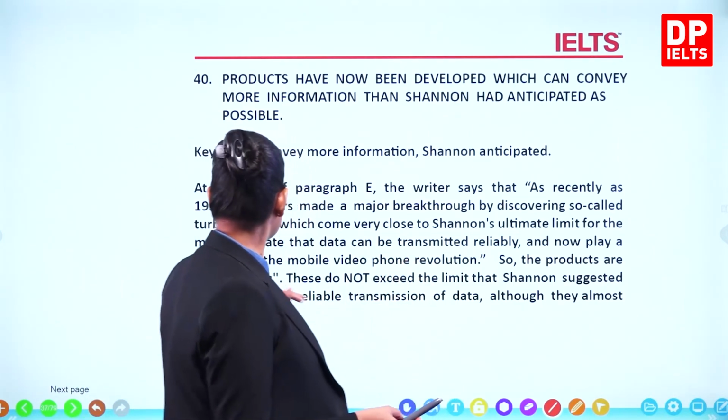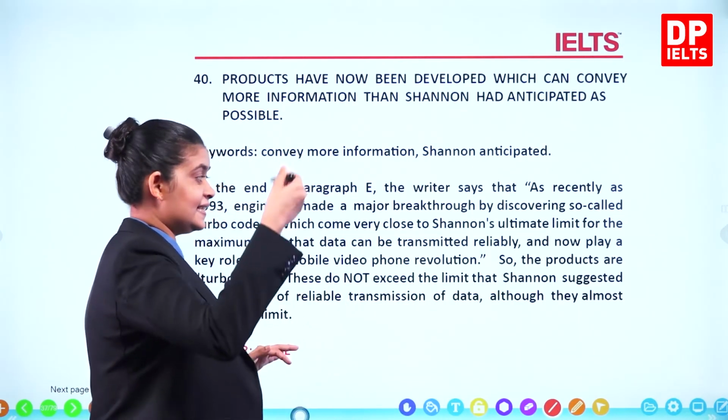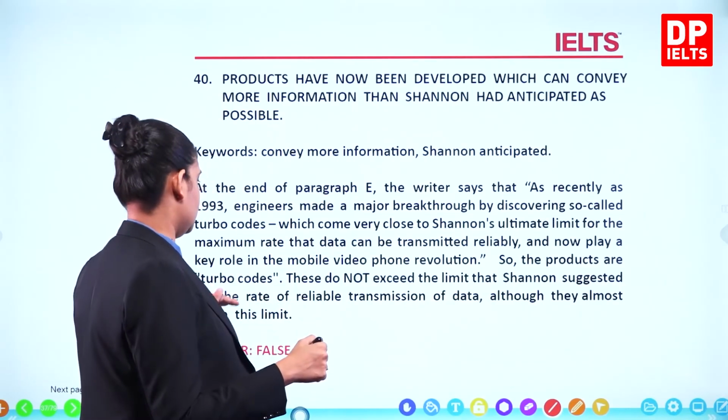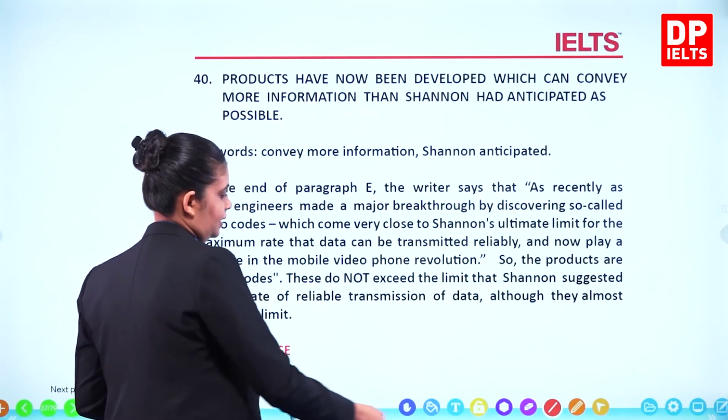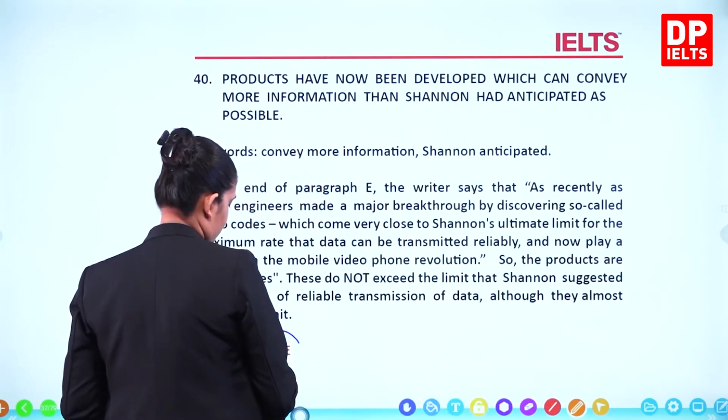So the products are turbo codes. So these do not exceed the limit that Shannon suggested for the rate of a reliable transmission. So definitely the answer is then false.